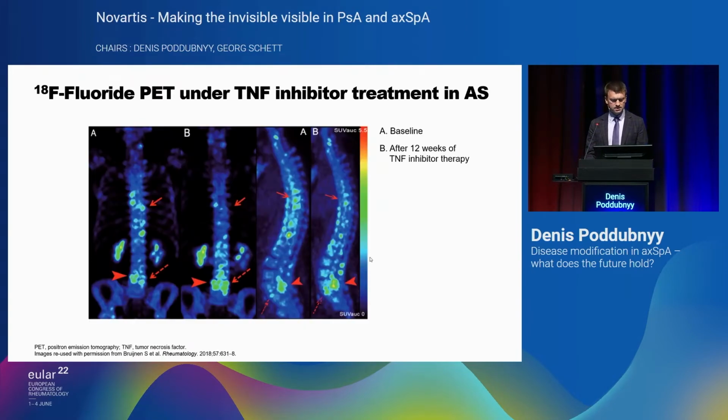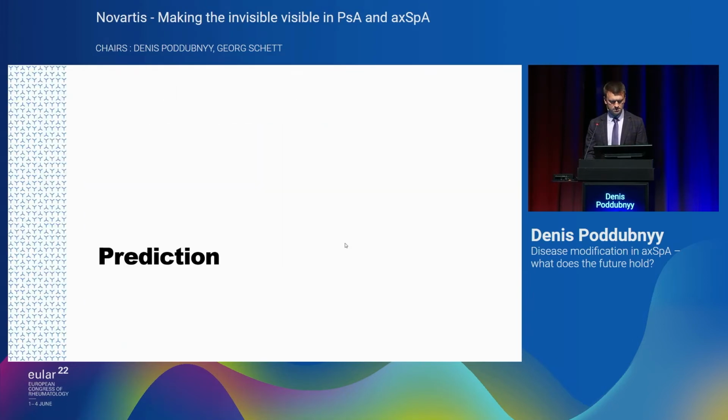Here you see another example of PET studies, and in this study it was very interesting to see that after successful suppression of inflammation, there was still persisting PET signal in the spine, most likely indicating an active process of bone repair in those areas.